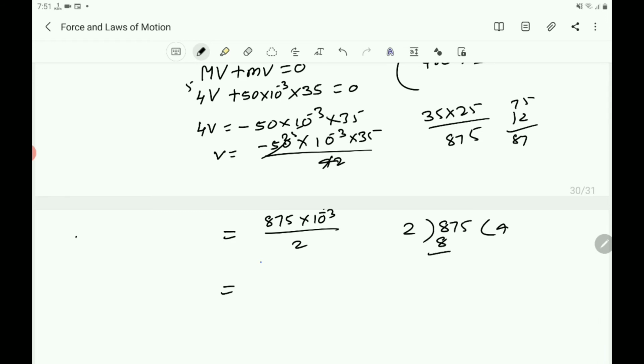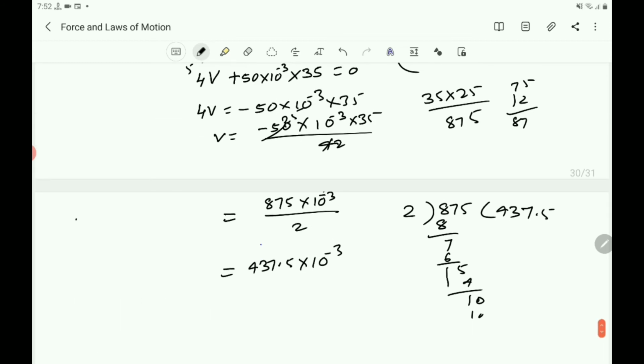That equals 875 divided by 2. 2 4s are 8, 7 is remaining, 2 3s are 6, 1 remaining, 2 7s are 14, 1, and if you put 0 here, 2 5s are 10. So you got here 437.5 into 10 to the power of minus 3. Then 10 power minus 3, you take it down, it becomes a positive exponent, that you have learnt in 8th standard.